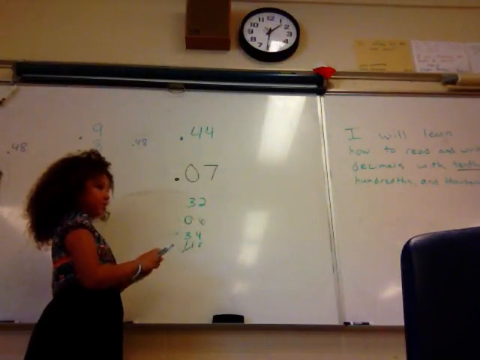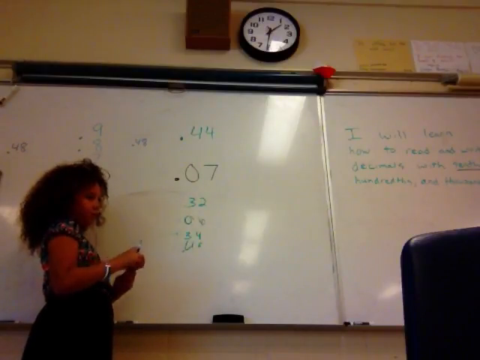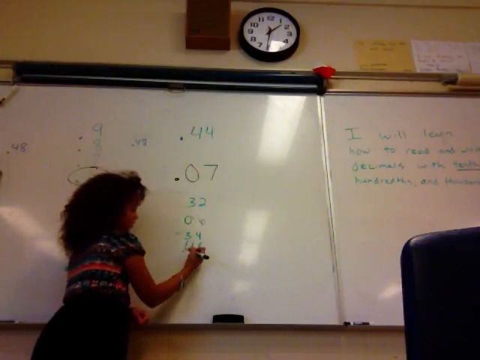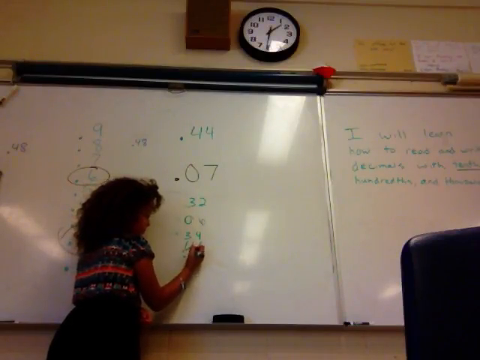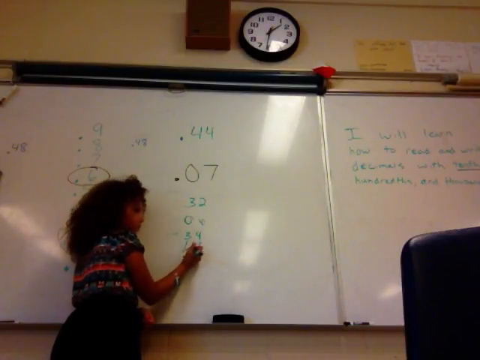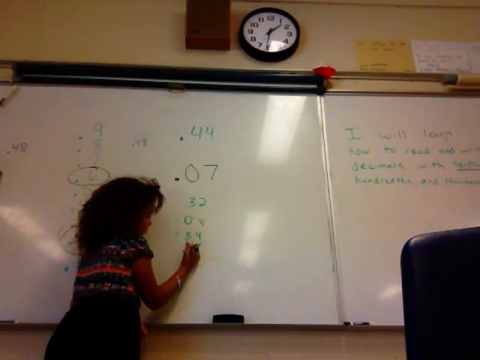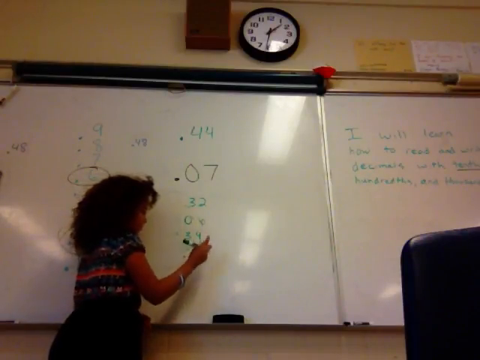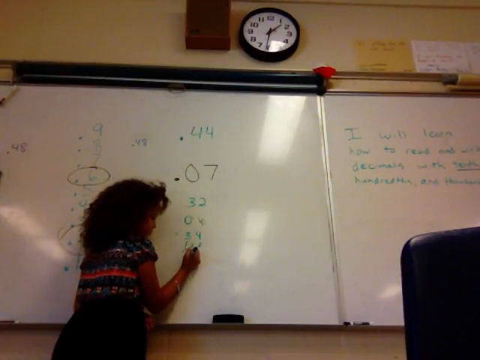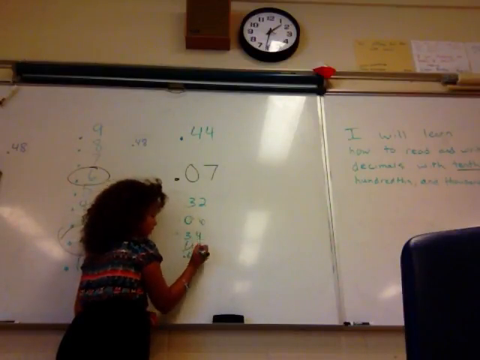So remember, we have a decimal point, and how many digits? 2. So put your decimal point. Pick any number. Okay, and now do another number.